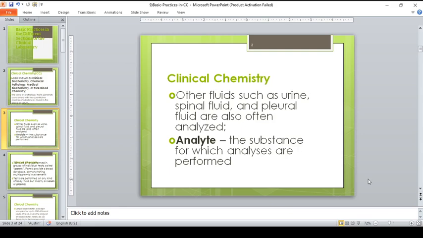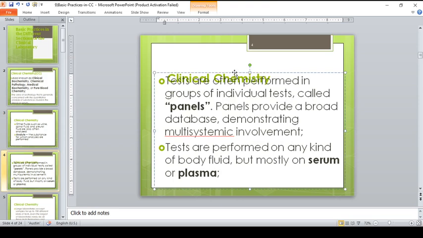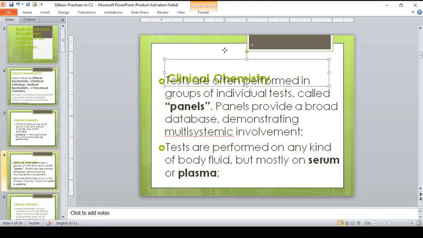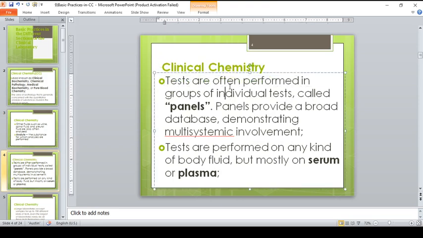When we say analyte, this is the substance for which analysis is performed. When we are referring to the analyte, we are referring to the substance that is being tested. Tests are often performed in groups of individual tests called panels.